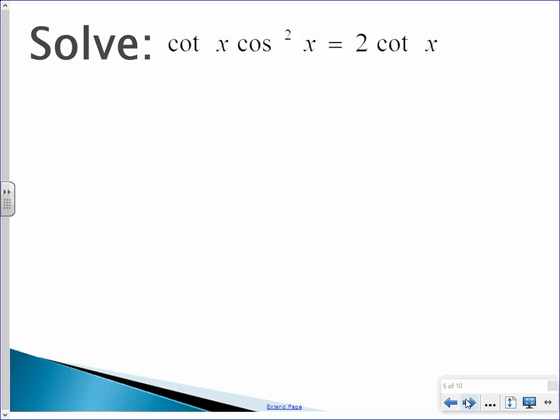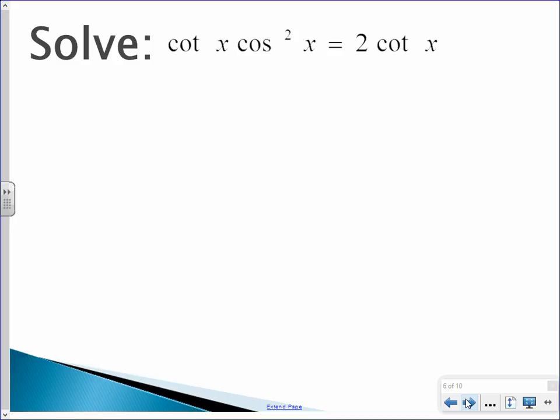Let's think about why. Is it possible for cotangent of x to be 0? Yes, yes it is. Are we allowed to divide by 0? We are not. So even if there is a chance that that could be 0, we are not allowed to divide by it. Okay? Do not ever divide by a trig function.